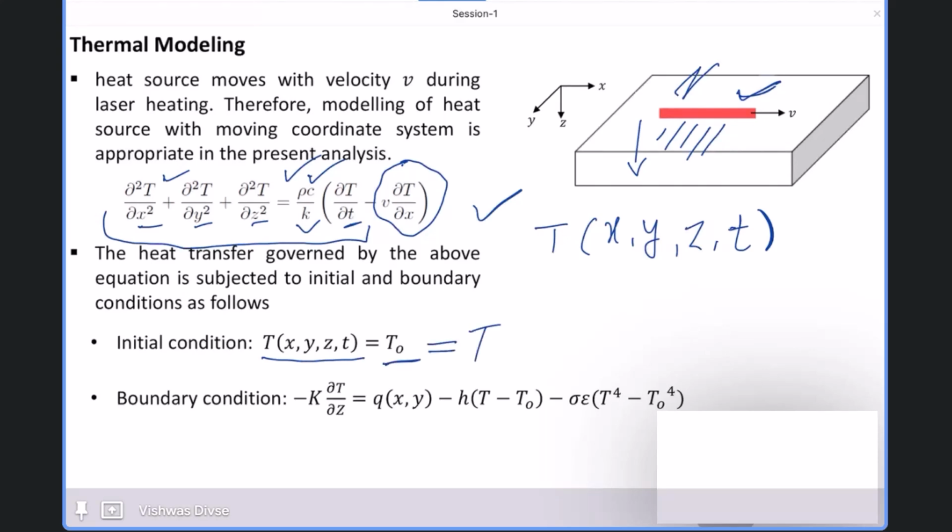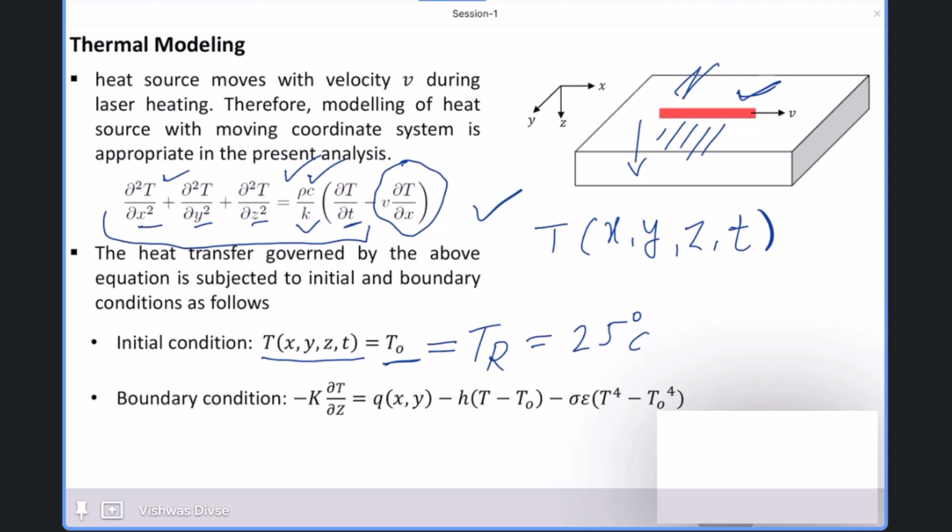Mostly that will be room temperature, depending on your ambient condition. If you say your ambient condition is 25 degrees Celsius, fine. If you are doing this experiment in, let's say, some hot chamber, maybe your initial condition will change accordingly. But this initial condition you should state and apply in your FE model.